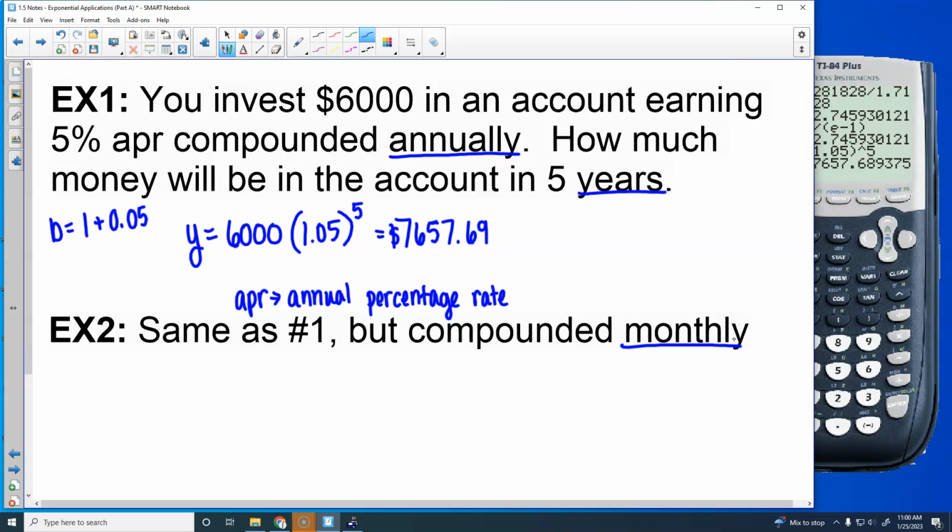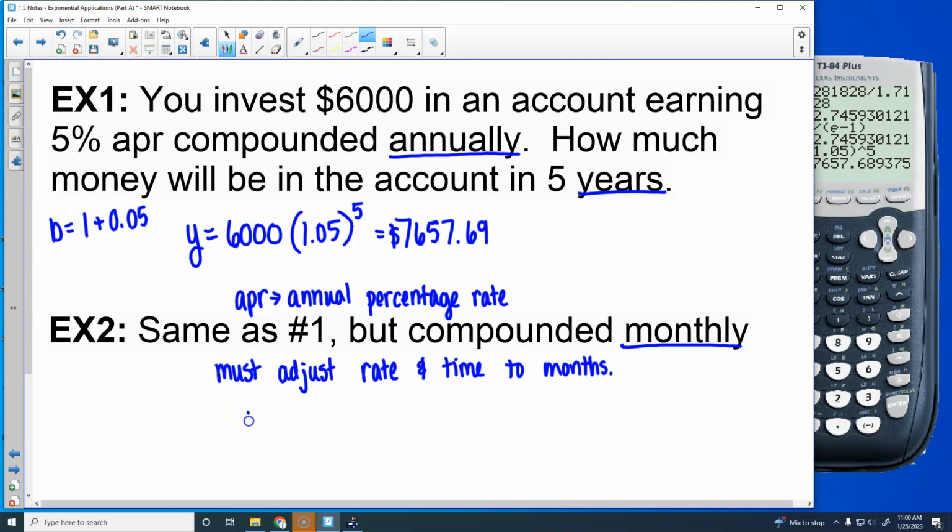So what we have to do for this is, since we're compounding monthly, that means that I must adjust rate and time to monthly, or months here.